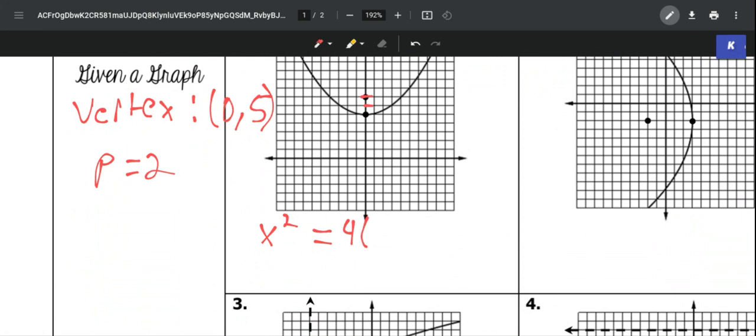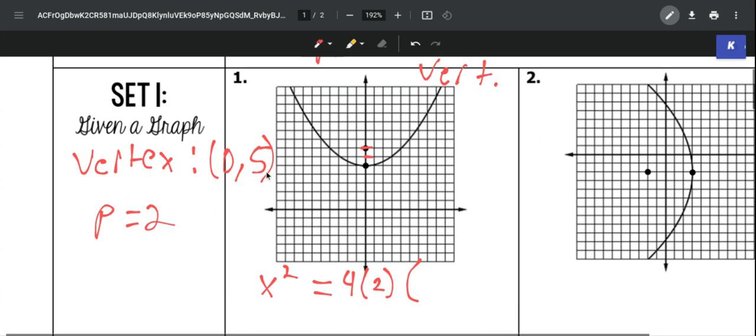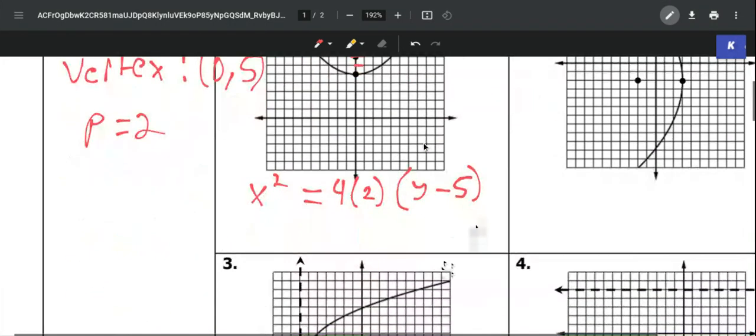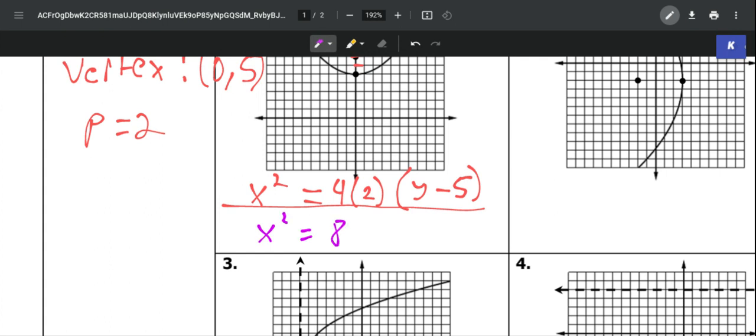So it'll be 4 times 2. And then all of that will be multiplied by y. And it would actually be minus 5, because the vertex y coordinate is 5. So we just flip the sign and make it minus 5, which is just how it's written here in our standard form. So now the only thing we have to do is take 4 times 2, which is going to give us our answer. So we'll have x squared is equal to 4 times 2, which is 8, times y minus 5. Now that's our equation for our parabola.